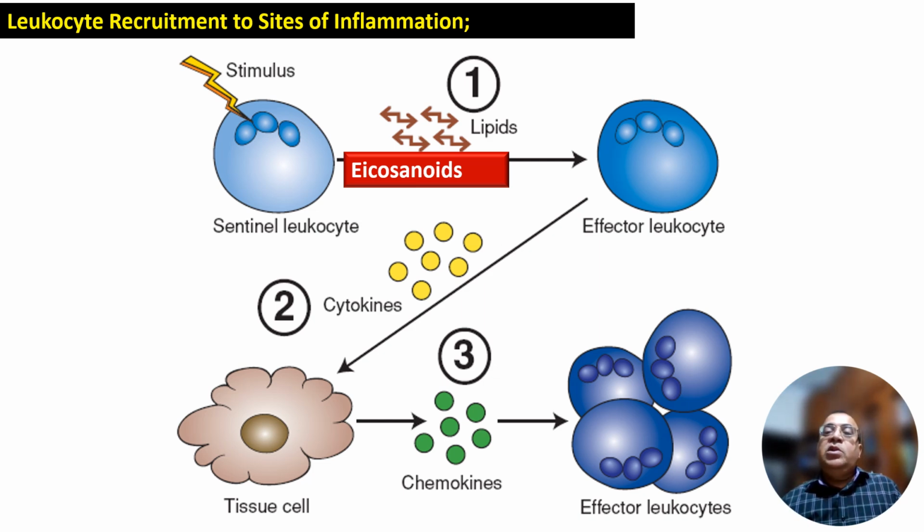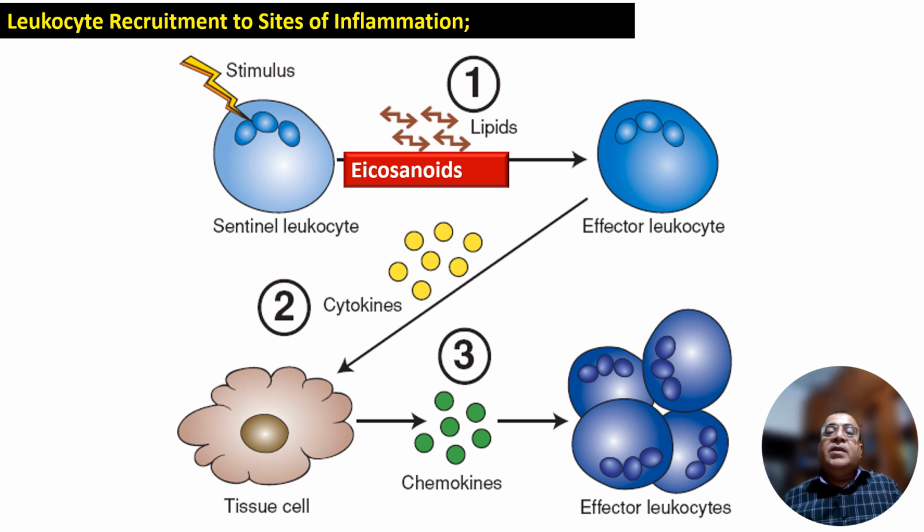Especially the polymorphonuclear neutrophils are accumulated at this site, and whenever there is an activated cell, it will result in release of some eicosanoids or leukotrienes, and these interact with neutrophil receptors, serum proteins, and chemokines.